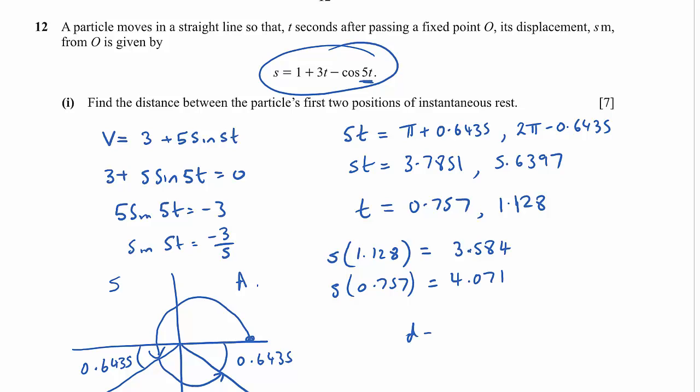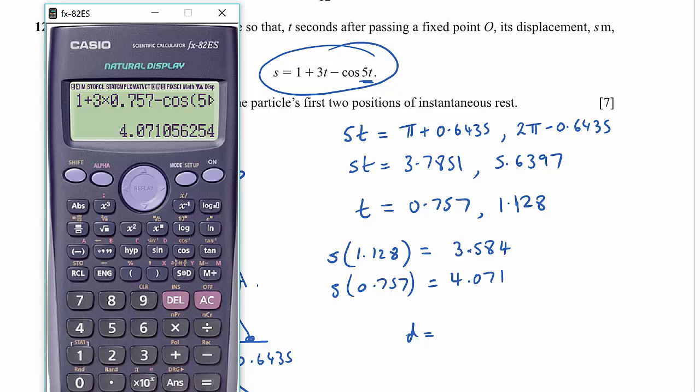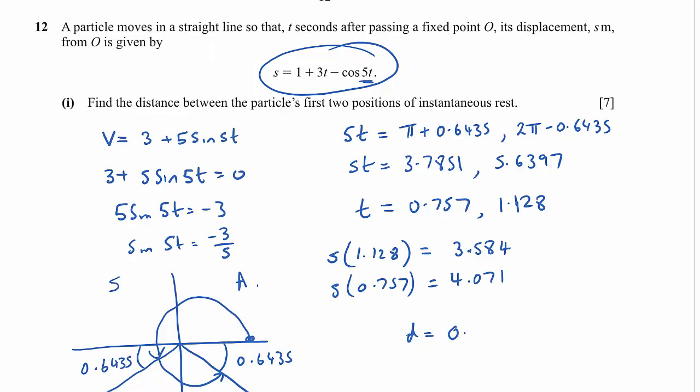So the distance we require is 4.071 take away 3.584, which is 0.49 meters.